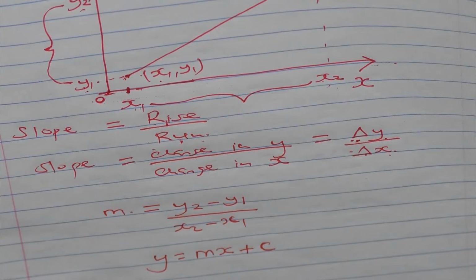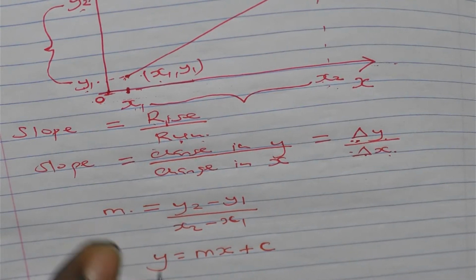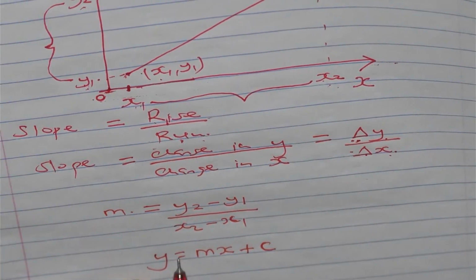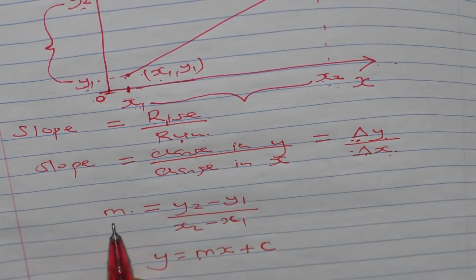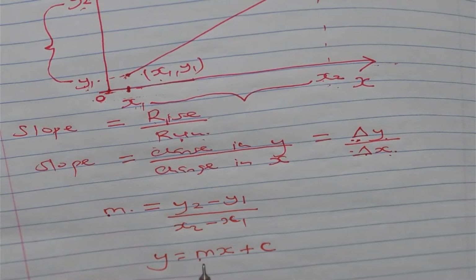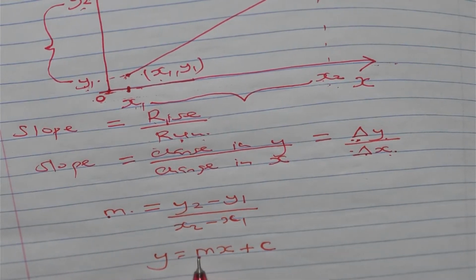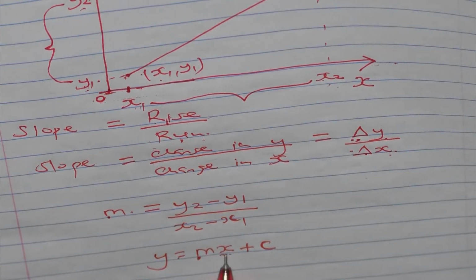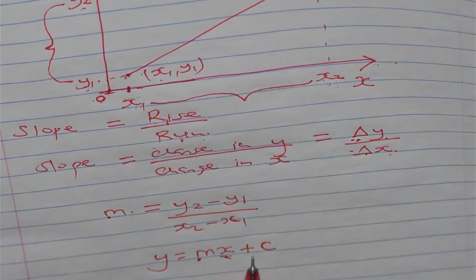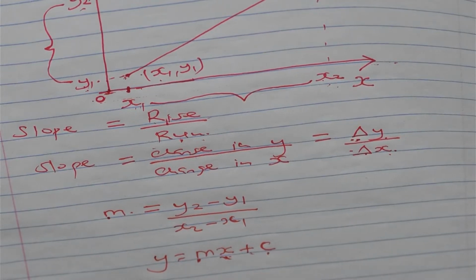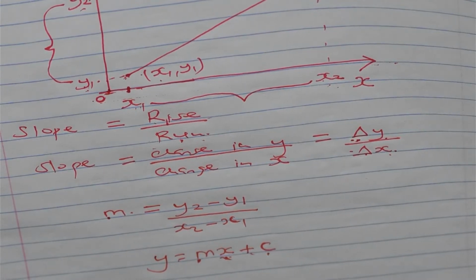It means if you want to get the value of y, the value of the rise, it's equivalent to m, and m we've already understood that it's the what? It's the slope, the rising or the falling of the line, multiplied by the x coordinate, okay, plus the y-intercept. That is what we mean.